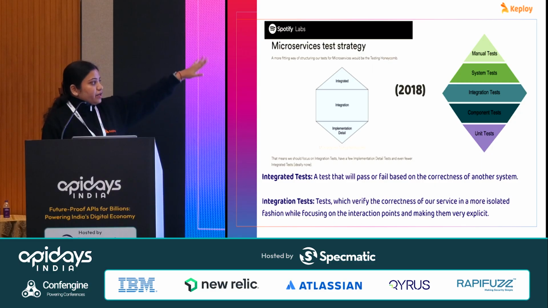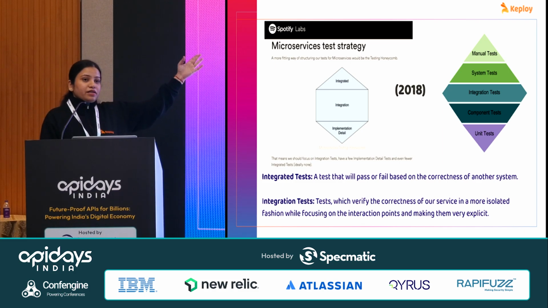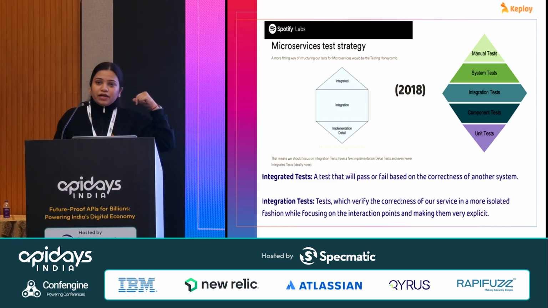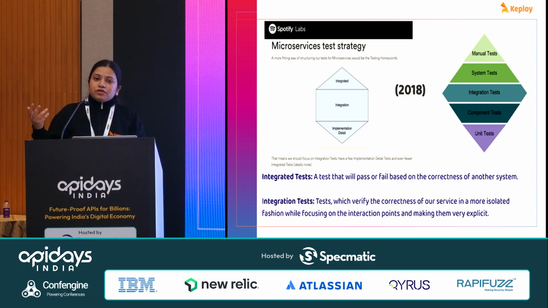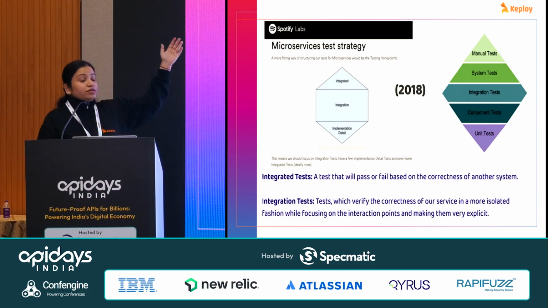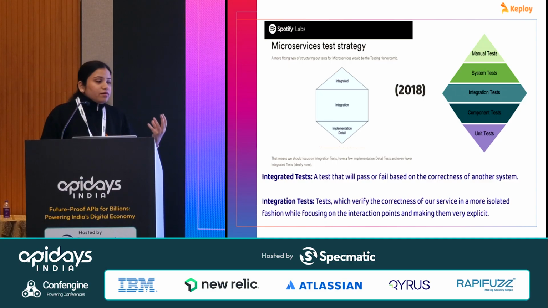They're not doing integrated or implementation detailed test cases. So implementation detailed test cases are the unit test cases. Integrated test cases you can consider like API test cases, which depend on the other system. So if you execute your test case and it depends on the other system, then it's an integrated test case, and it would majorly fail because your other system, the dependency, needs to be in place when you are executing your integration test.